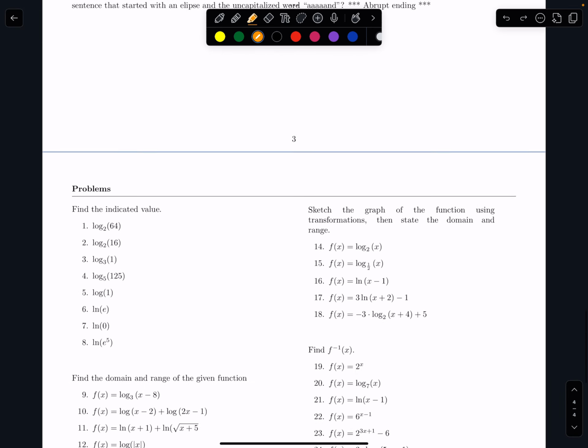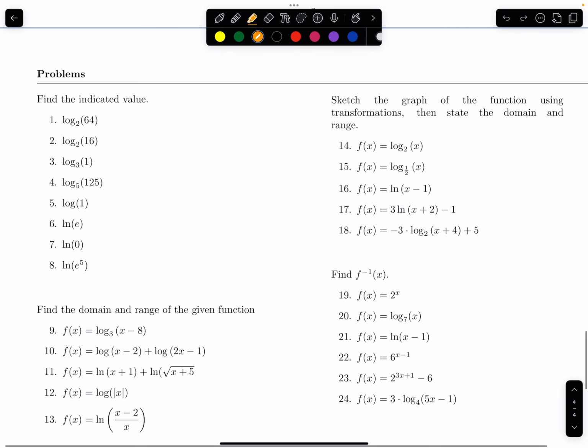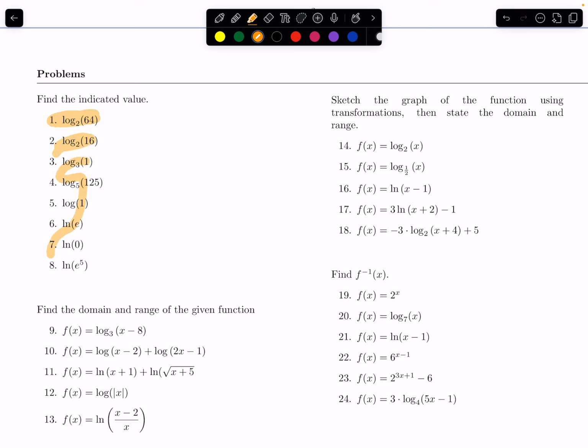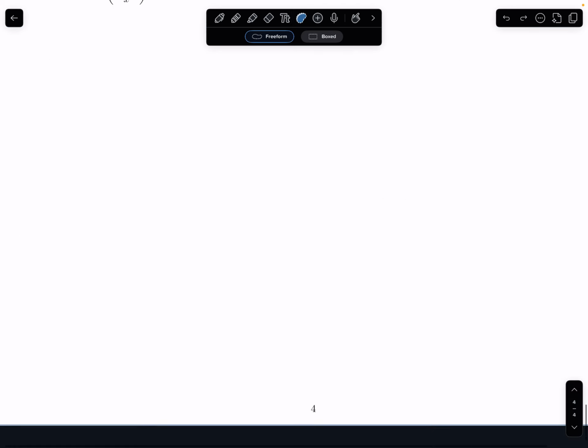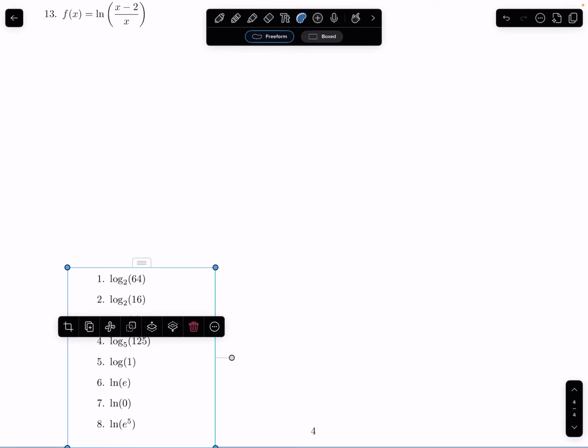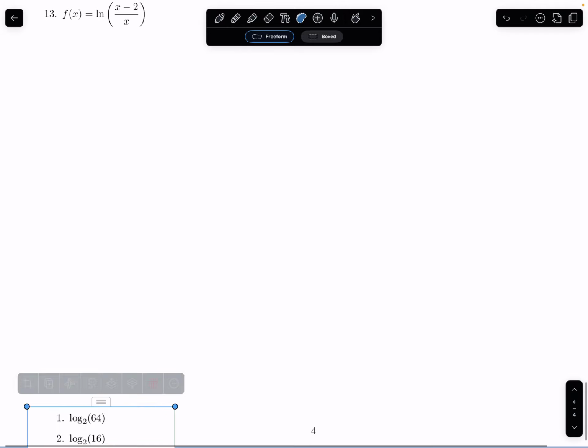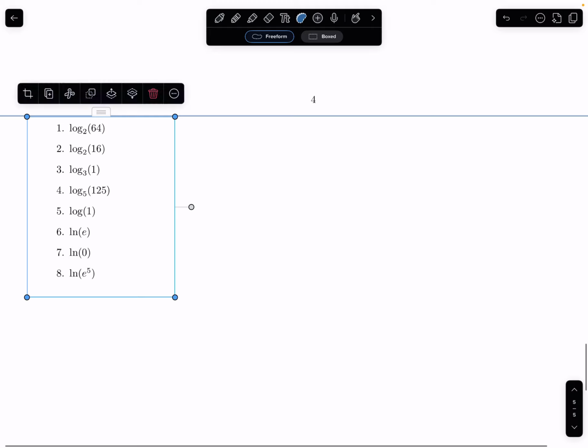Okay, anyways, let's get into the questions. Super easy. Find the indicated value, log base 2 of 64, and so on. Let me copy these questions. Right now for these, we're not using a calculator yet. Although later on in the next section, you'll learn a cheat way to do all these with a calculator.